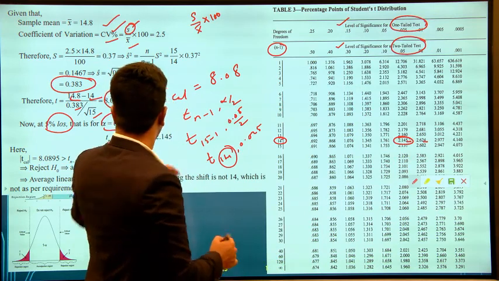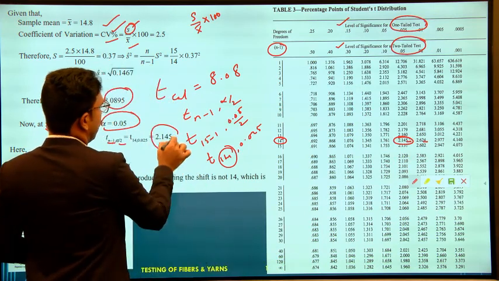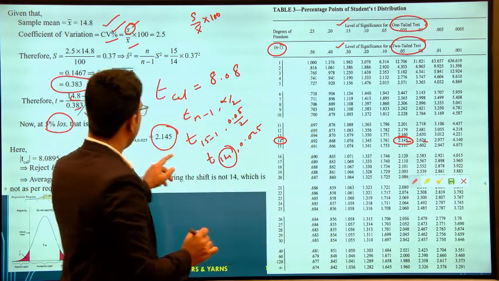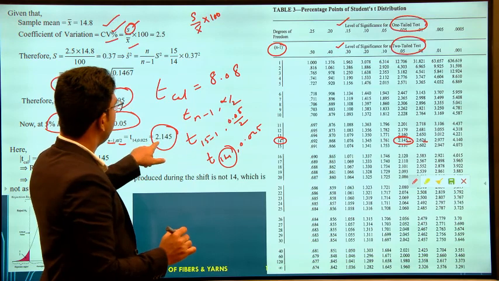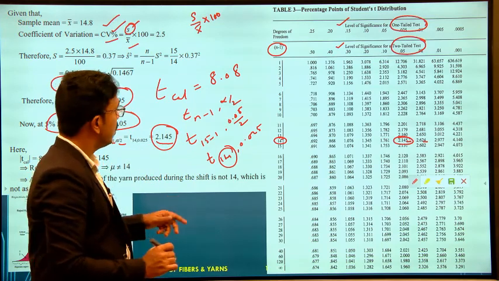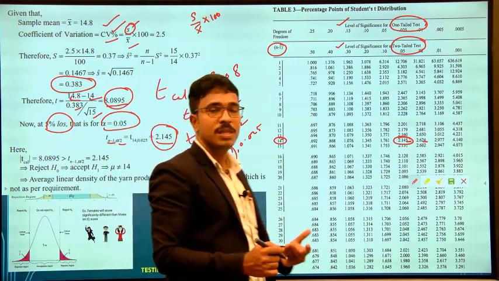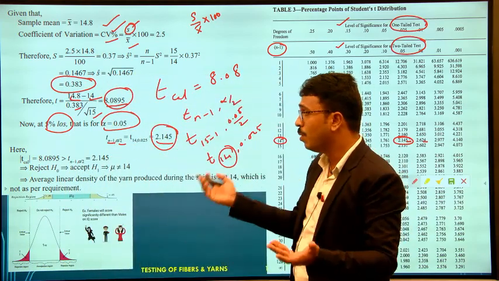Okay, so 2.145. Likewise we have to see these values. Now, the table value is 2.145. The calculated value is 8. So which one is higher? Obviously, the calculated value is more.